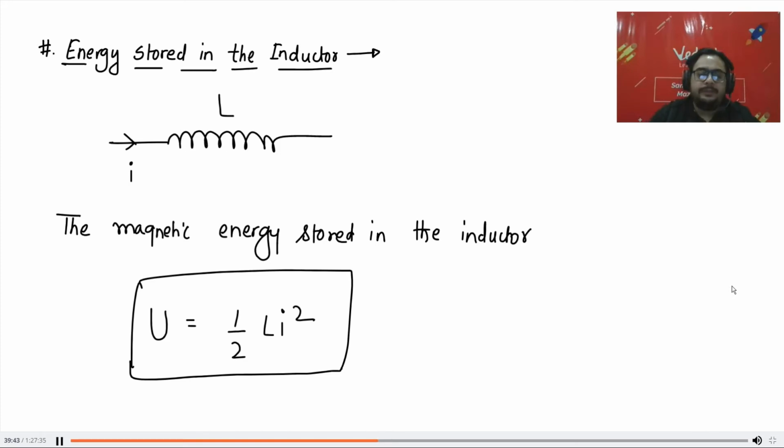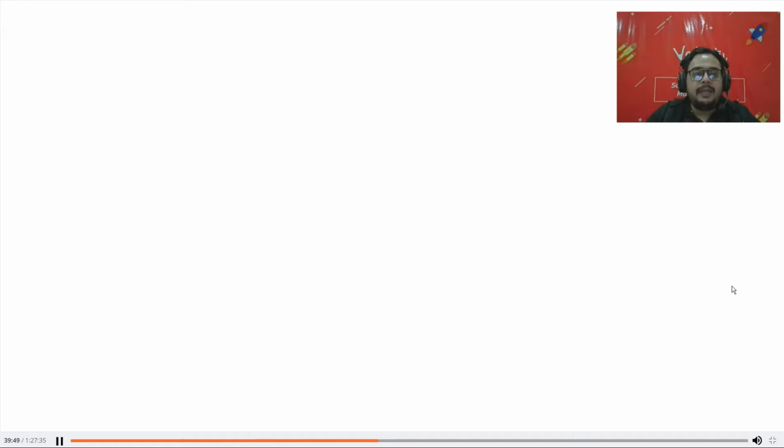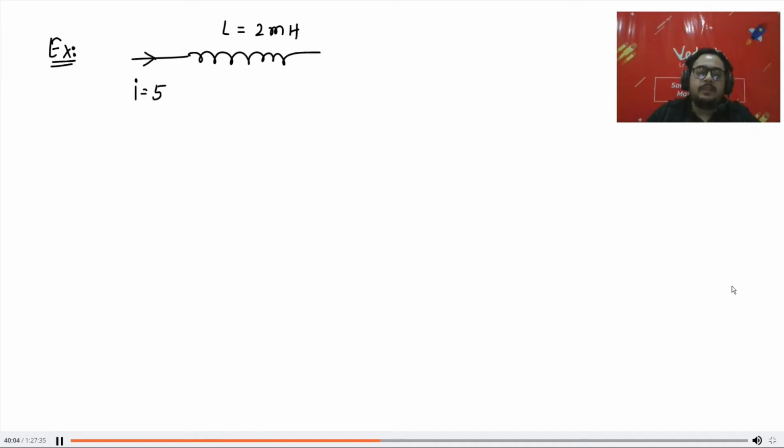Okay, so I hope you have copied it. It is my duty to give you one example, otherwise people might get angry. So we have a small inductor of inductance 2 millihenry, and let me say current flowing is 5 ampere. So how much energy is stored? I have to calculate that. A very simple question.